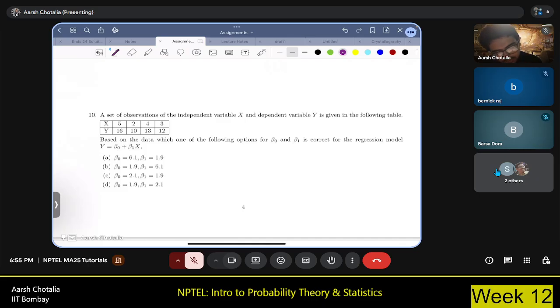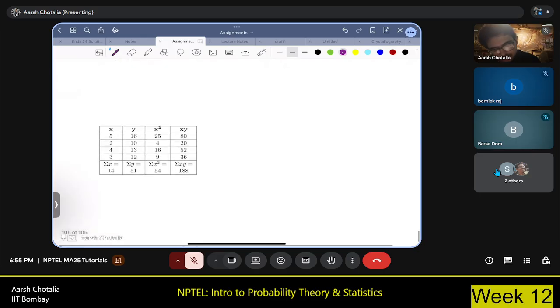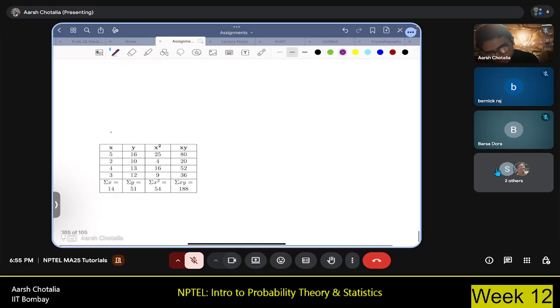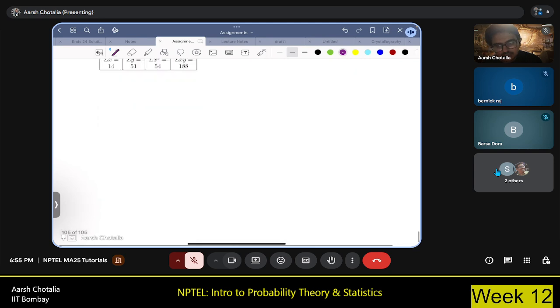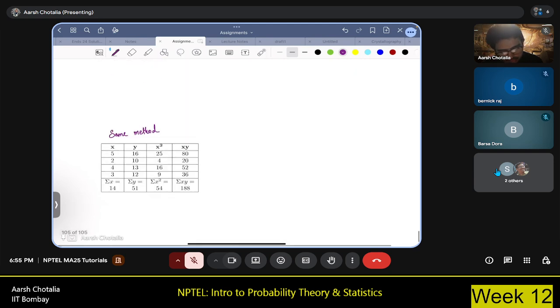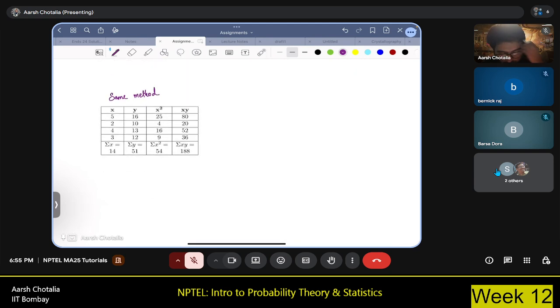Again, the same thing, x and y are given, and we have to find the regression line. So beta naught and beta 1. So once again, same method. But since this is the final question, and the final question of the course, in fact, let's do it properly.